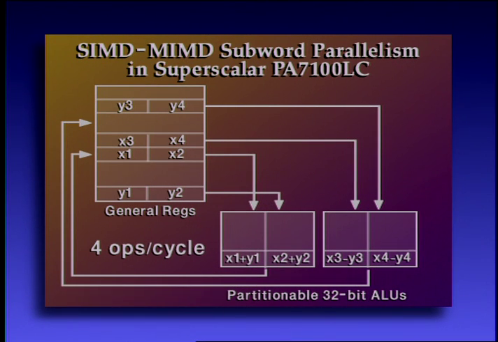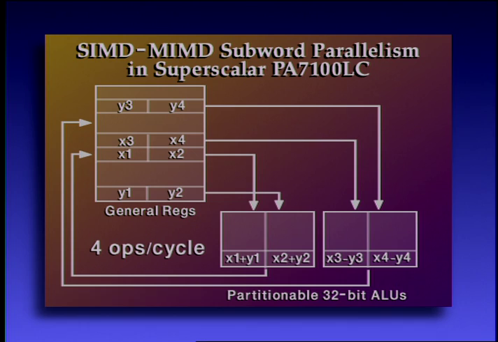Since superscalar processors allow the 2 ALUs to perform different instructions during the same cycle, we've actually implemented an even more sophisticated form of parallelism, which is often known as SIMD-MIMD, where MIMD stands for multiple instruction, multiple data, meaning that different instructions are carried out on different pieces of data at the same time.